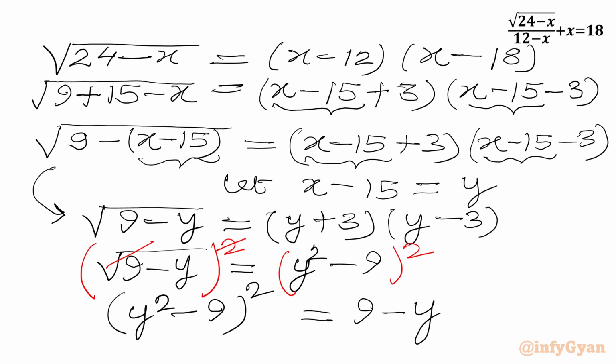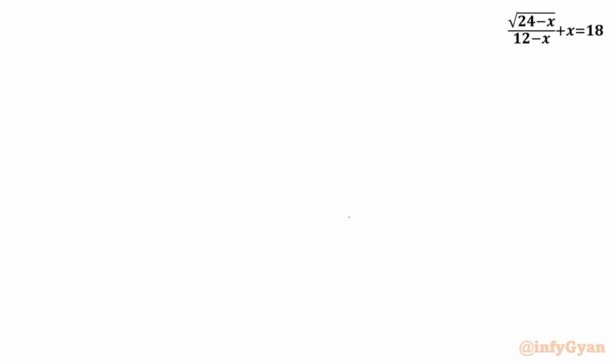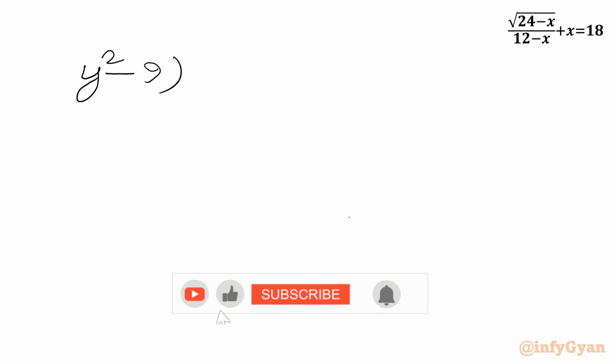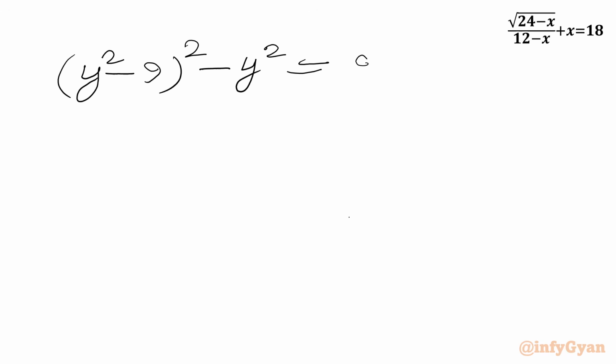We will subtract y square from both the sides. So we will write y square minus 9 whole square minus y square in LHS, and 9 minus y minus y square in RHS. We have subtracted y square from LHS and RHS.